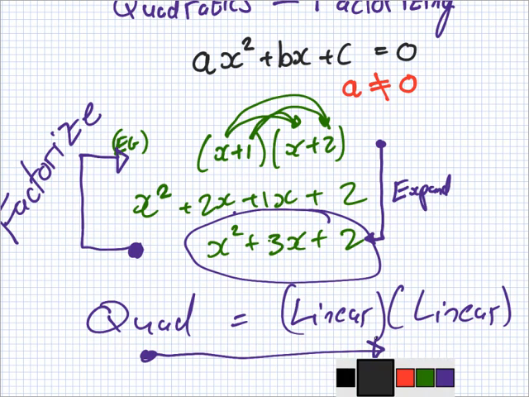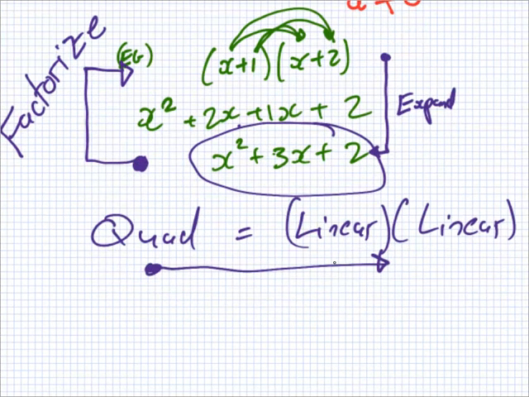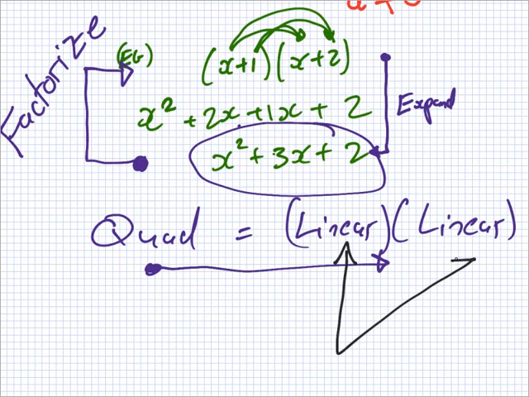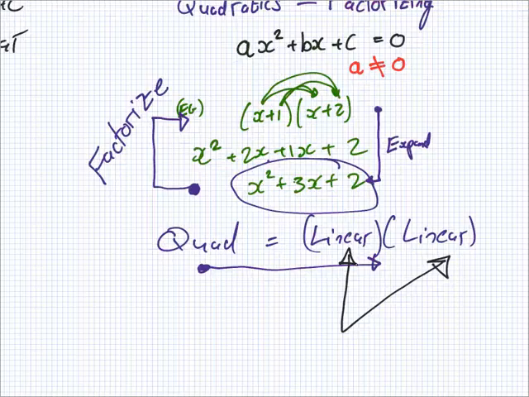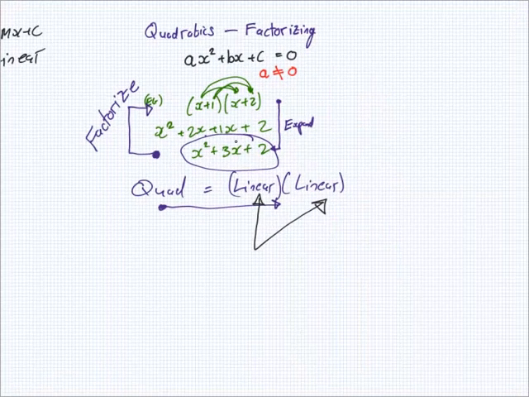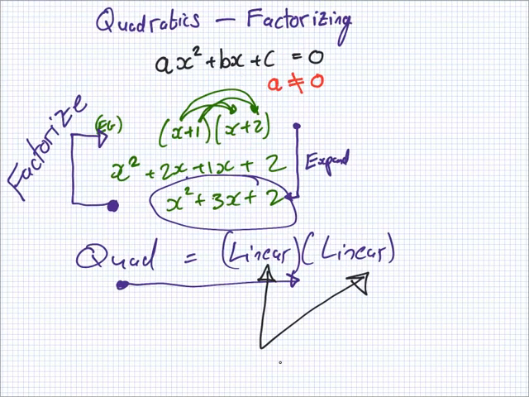By the way, these guys here have a name. What are they called? Yes, factors, or linear factors. Just write this down and then we'll have a look at how to factorize.